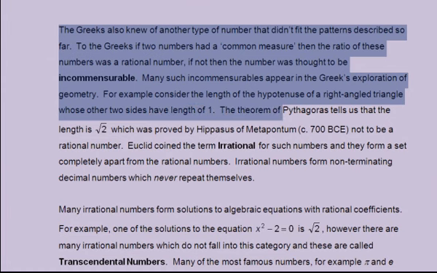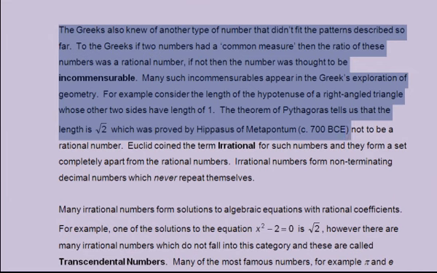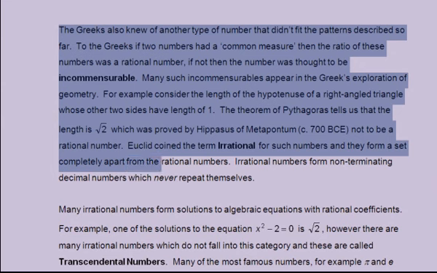The theorem of Pythagoras tells us that the length is √2, which was proved by Hippasus of Metapontum in about 700 BCE not to be a rational number. Euclid coined the term irrational for such numbers, and they form a set completely apart from the rational numbers.